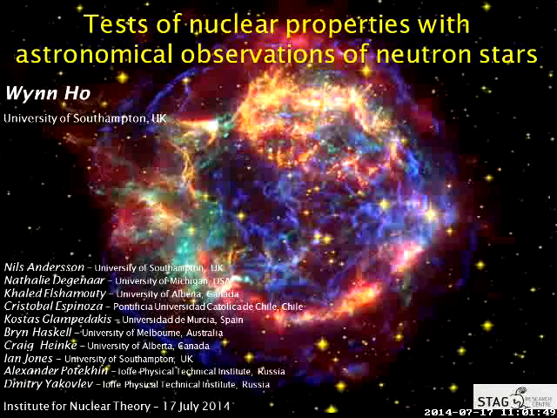Yellow is optical from Hubble, and the blue and green is X-rays from Chandra. The remnant is about 10 light years across, but you can actually see the neutron star, and that's this blue dot here. It's bright in X-rays. You can't see it in optical or infrared.